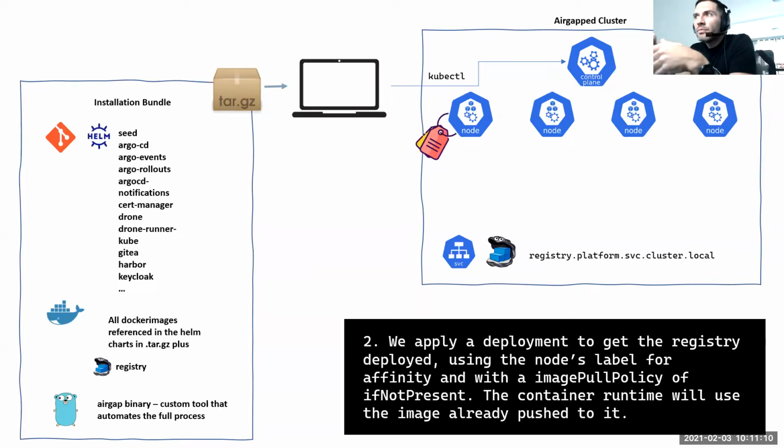Because registry.platform.namespace.service.cluster.local is not going to be resolvable outside of the cluster, right? And when our kubelet asks the container runtime to fetch an image or run an image, it's going to try and find it in some registry that it can resolve, right? So we have our registry.